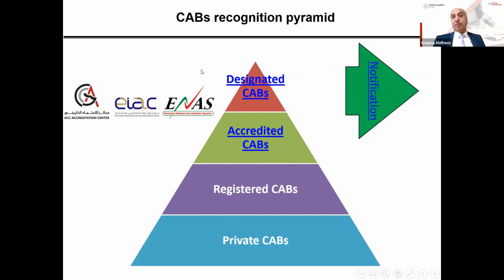Now, at the top, for governmental projects, we ask the CABs to sign a legal agreement with the government to be designated for specific work. Okay, so designated CABs usually have to be accredited. Accredited has to be registered as a prerequisite. So this is the pyramid of recognition in the UAE.